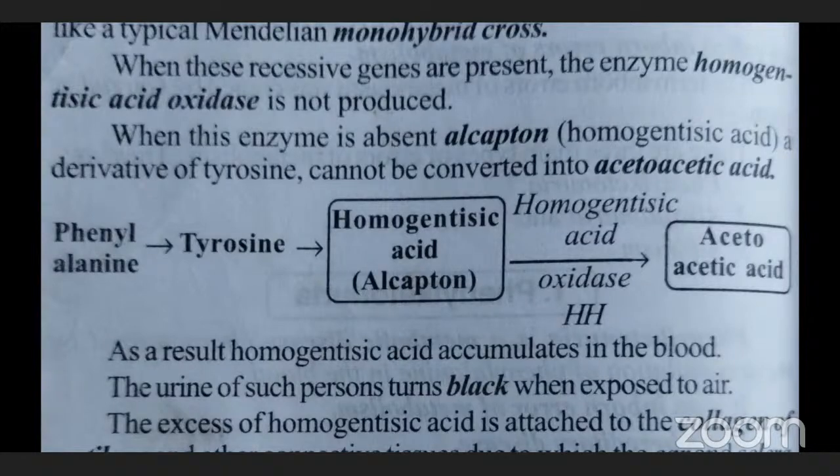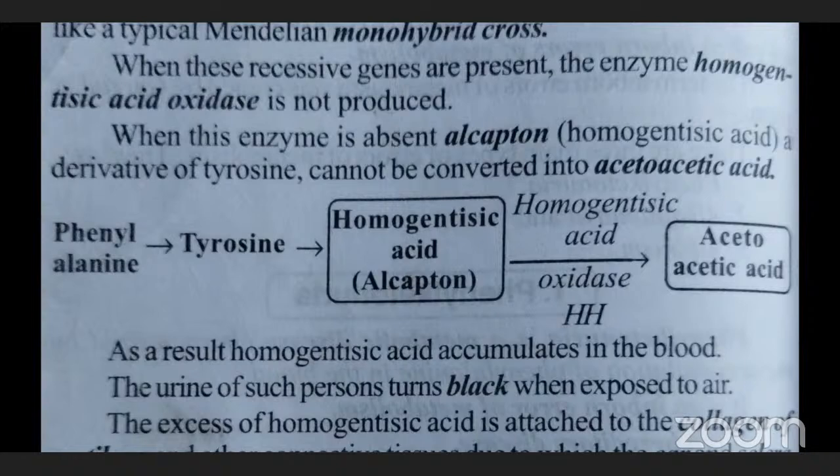When the recessive genes are present, the enzyme homogentisic acid oxidase is not produced. Homogentisic acid oxidase is important for the conversion of phenylalanine to tyrosine to acetoacetic acid. If that enzyme is not produced, there is no conversion, so continuously the alkapton will be accumulated in our blood.